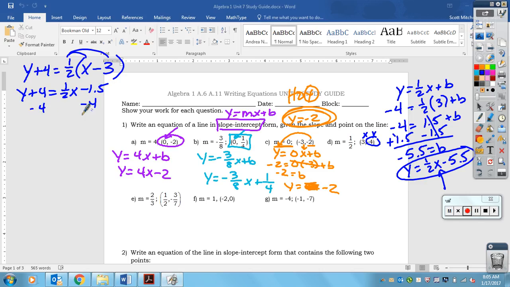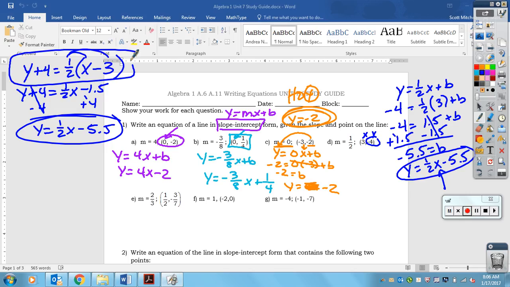Minus 4 to solve, y equals, keep, change, 1/2 x minus 5.5. Both of which are the same equation in slope-intercept form. If you give the answer like this, while correct, it's not in slope-intercept form, that's point-slope form, you would be marked as incorrect.